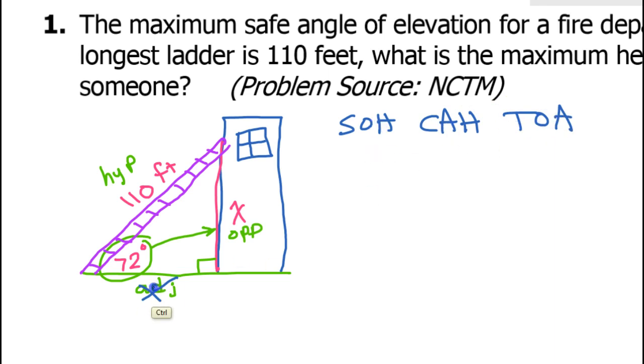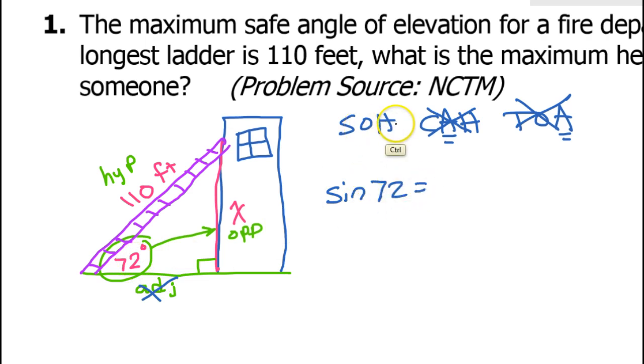Look at the side that we're not using, the adjacent side. Since we're not using the adjacent side, then we are not going to use cosine or tangent. See, they both have the adjacent side in there. So that leaves sine.